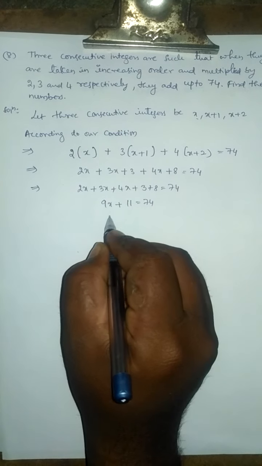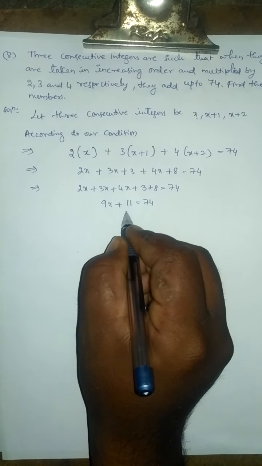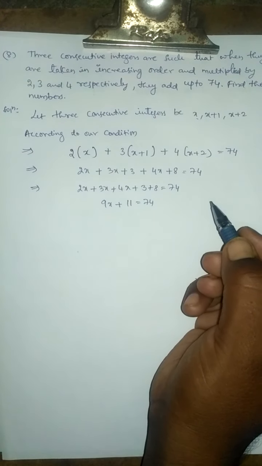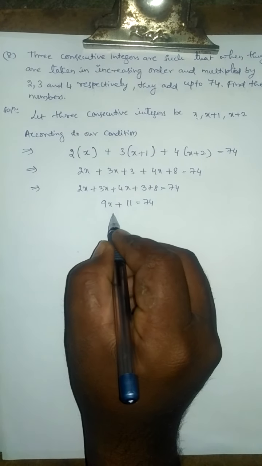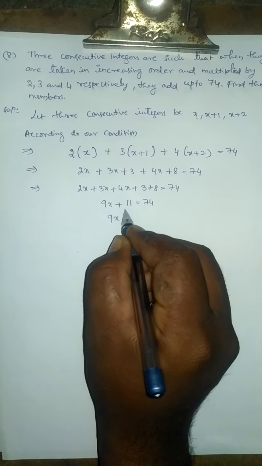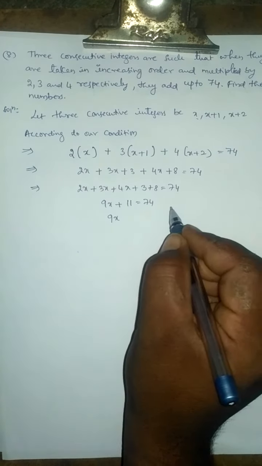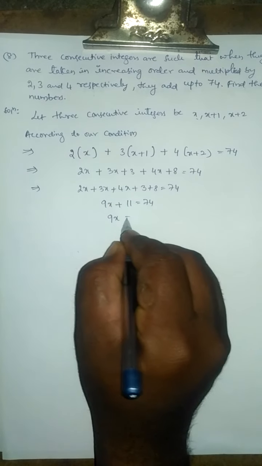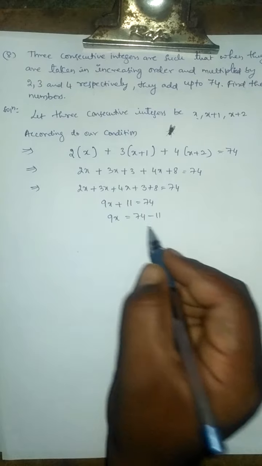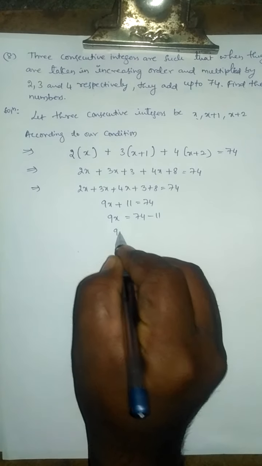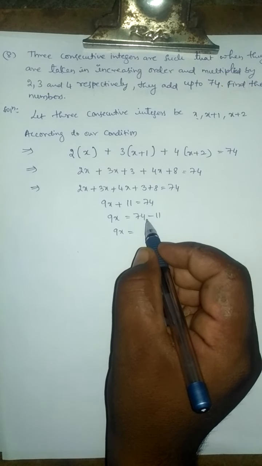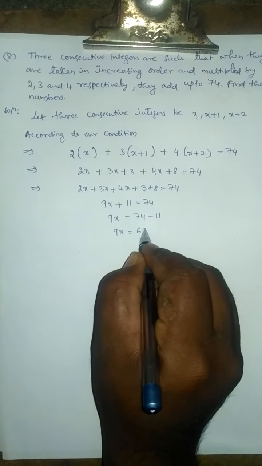In the next step, here plus 11 we have to transpose to the RHS for the simplification further. So 9x, here this plus 11 if I transpose to the RHS, it will become minus 11, that is equal to 74 minus 11. 9x is equal to, here 74 minus 11, that is 63.